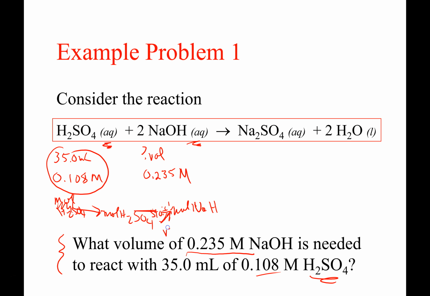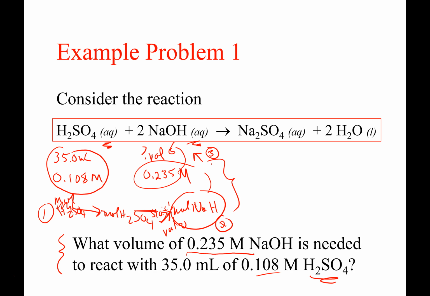And then once we have moles of NaOH, we can use moles of NaOH and molarity to get to volume. So I'm going to take my moles of NaOH, my 0.235 molar of NaOH, and put a number 3 there. It's 3 steps. First step, moles of H2SO4. Second step, moles of NaOH. Third step, use the moles of NaOH and that molarity to get to volume. That's pretty messy.